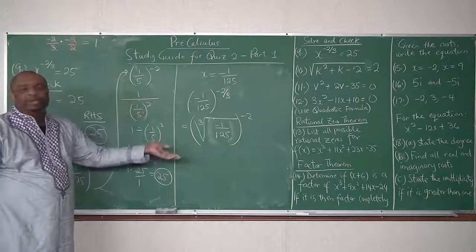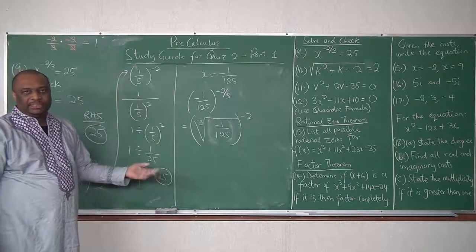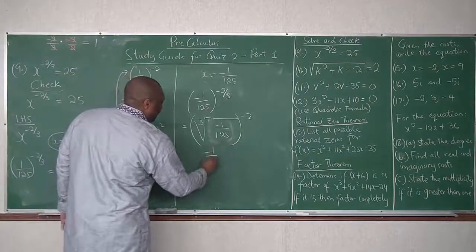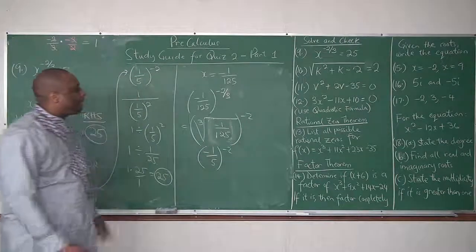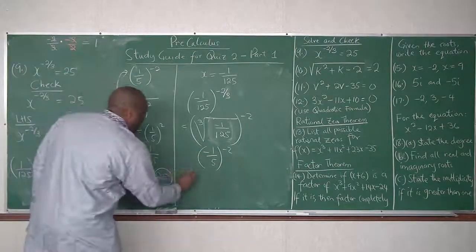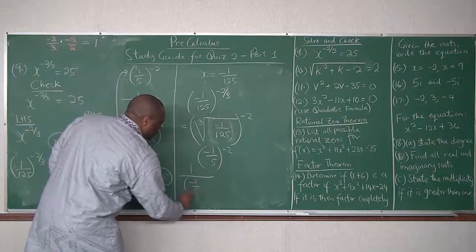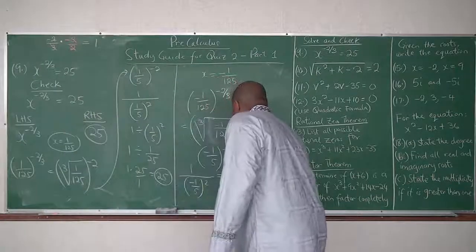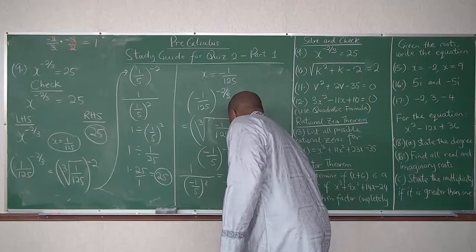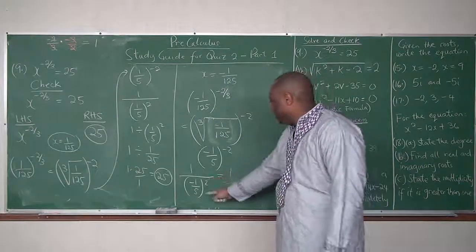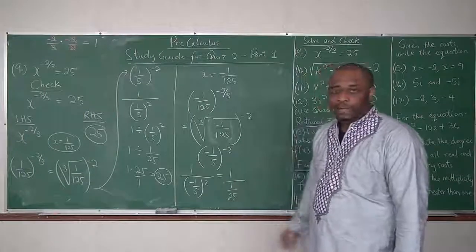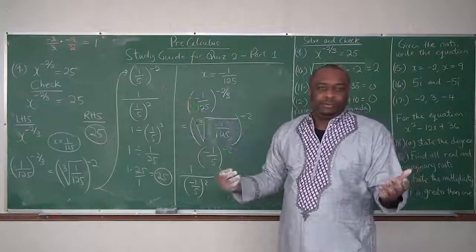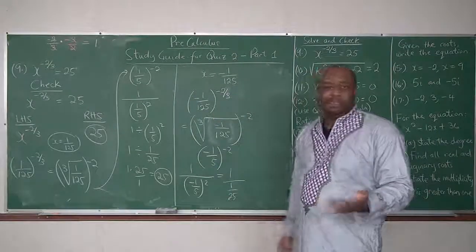And with cube root, you know that the negative still stays. You can do cube root of a negative, and it will still give you negative. So this is negative 1 over 5 all raised to power negative 2, which will give us 1 over negative 1 over 5 all squared, which is 1 over 25, because if you have a negative base raised to an even exponent, it gives you a positive result.